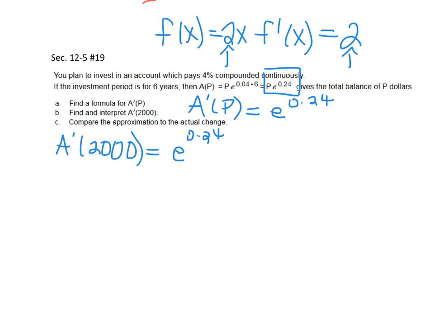So that's going to simply give you, when you evaluate e raised to the power 0.24 on your calculator, rounded to the nearest cent, 1.27.